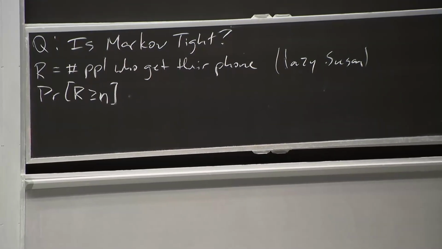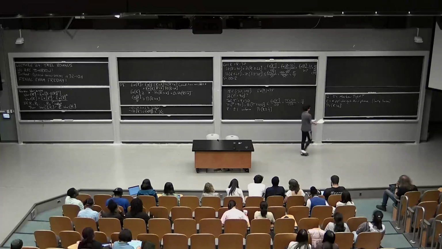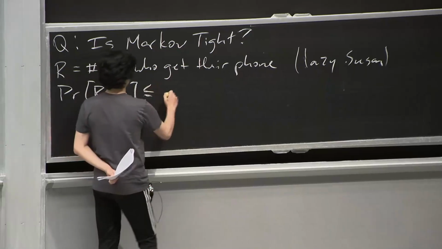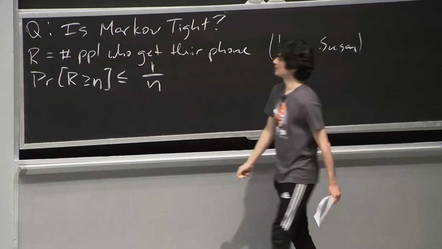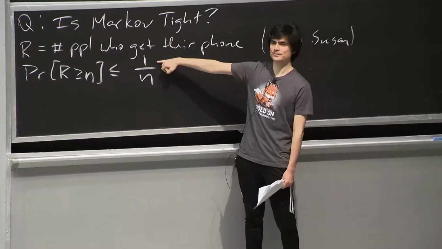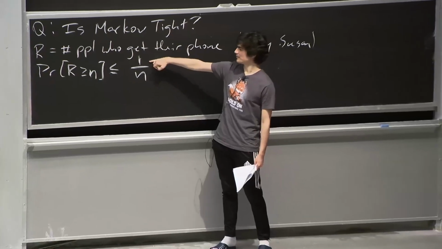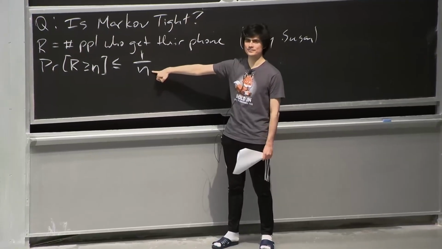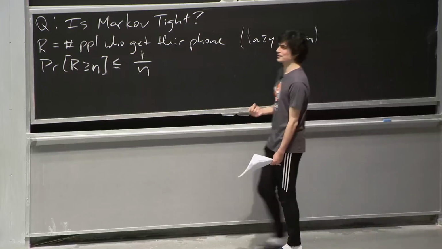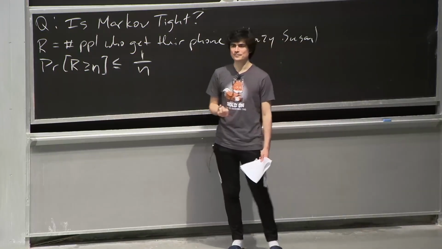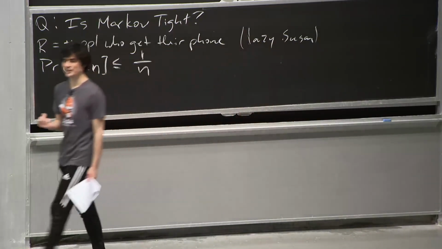Yes, it's at most 1 over n. Why is that? The expectation of R is 1, as we saw last week, and the bound we're looking at is n. So there's at most a 1 in n probability that everybody gets their phone back. What is the actual probability that everybody gets their phone back?